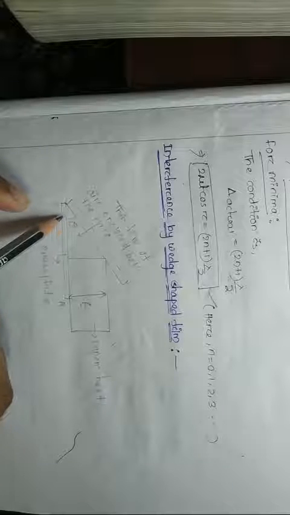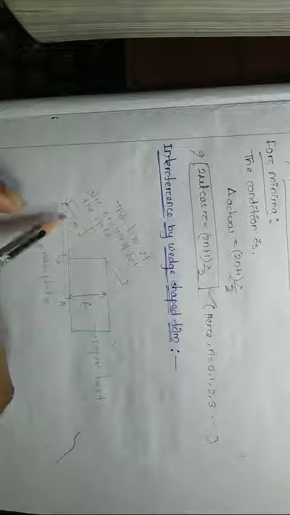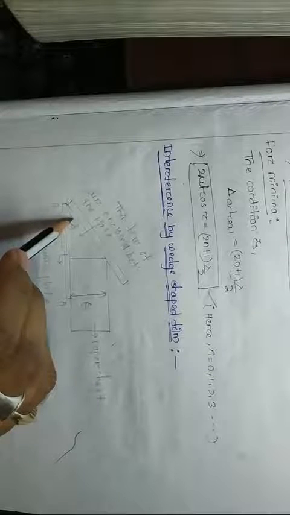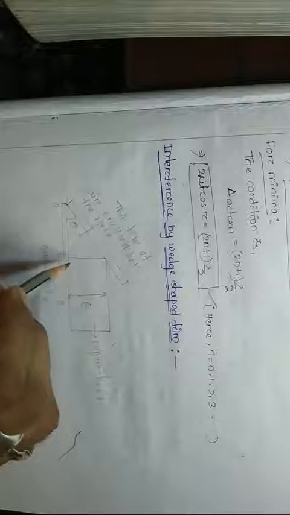Here, a wedge-shaped film means two parallel planes inclined with a very small angle theta, and in the gap we consider another medium.